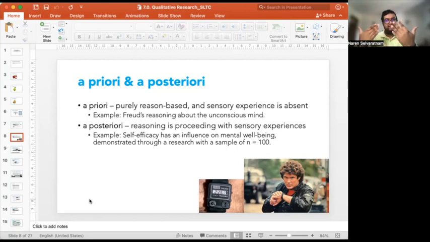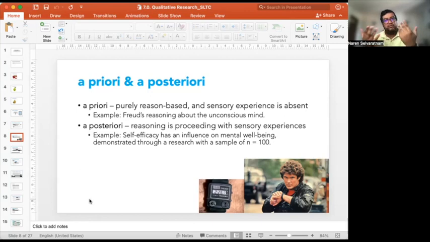For example, now let's say you have 5 senses, right? And if I say that I have some unconscious experiences and I have something called the unconscious mind, and I want you guys to get convinced of this, I can reason about this, but there is no way that I'm going to show it to you so that your senses can actually grasp it. Now, there is no sensory experience there.